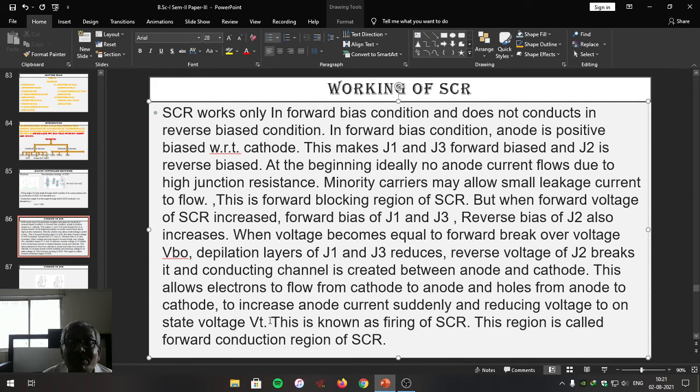The SCR is said to be fired, or in the conduction region, and the minimum voltage at which SCR starts conducting is known as the forward breakover voltage of SCR. It is represented by VBO.